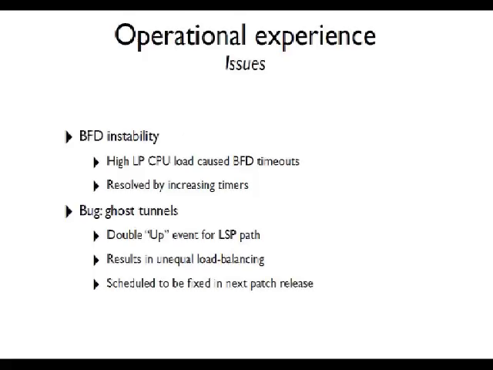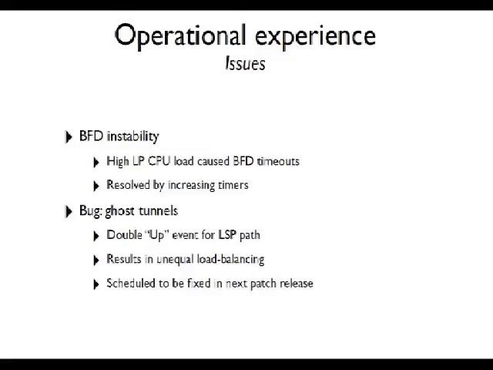How did all the operations go further? Well, we experienced some VFD instability. Sometimes the line card CPU, the line processor CPU, is really busy and then forgets about VFD, which results in timeouts. We resolved this by increasing the timers.